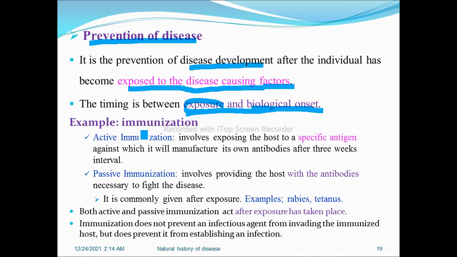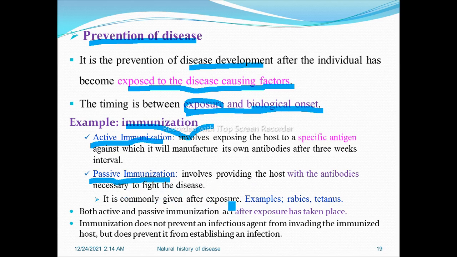Mostly in prevention of disease, immunization is the best intervention. Active immunization involves exposing the host to a specific antigen against which it will manufacture its own antibodies after an interval of 3 weeks. Passive immunization involves providing the host with antibodies necessary to fight the disease.